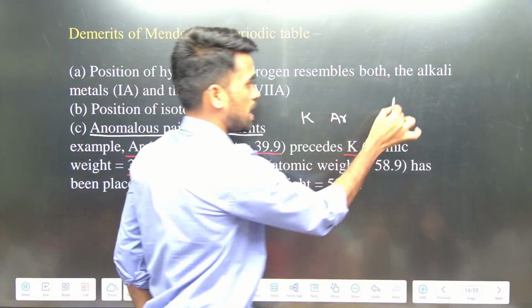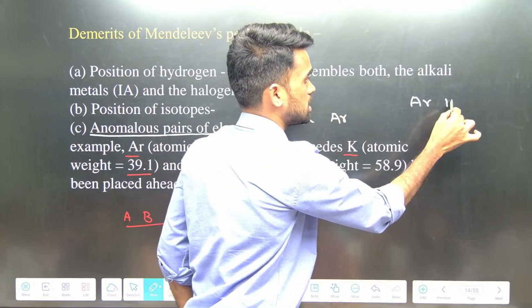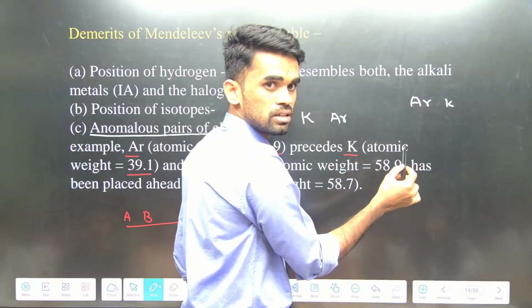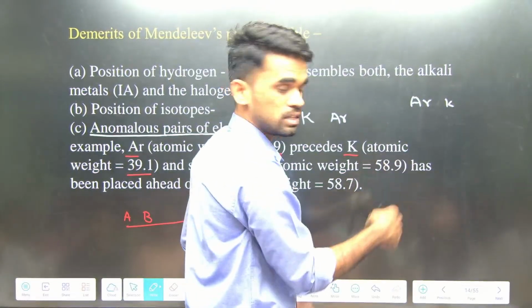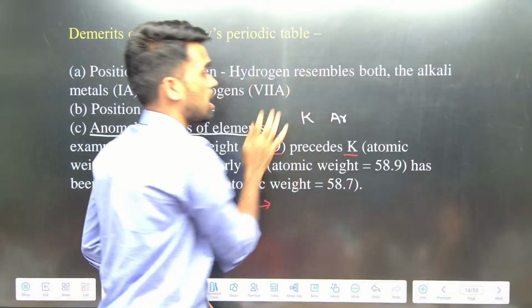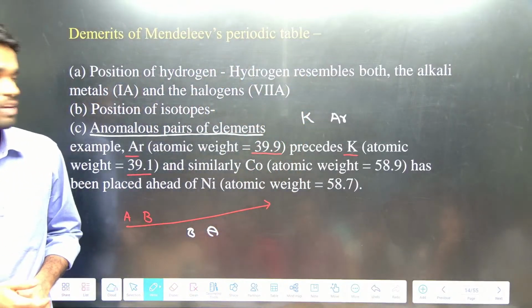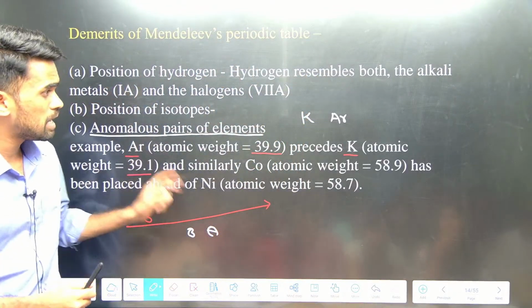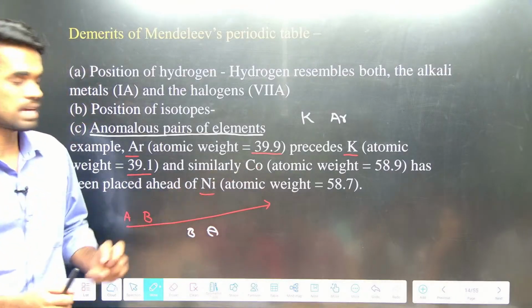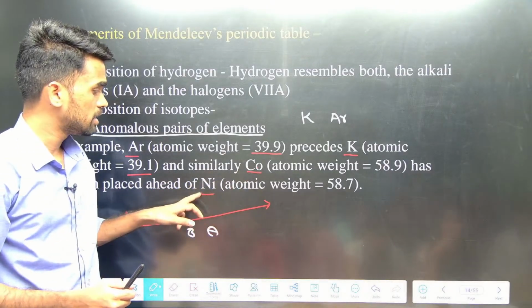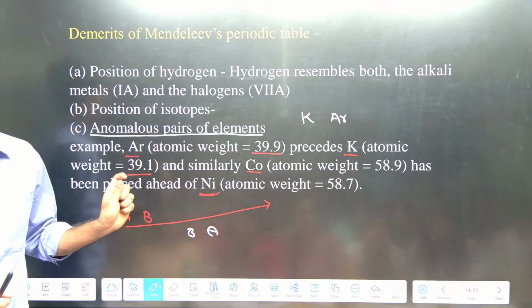But in the real periodic table it is argon first, next potassium. With his explanation this is not correct, so this is considered one anomalous pair. Similarly, cobalt and nickel. Remember these anomalous pairs.